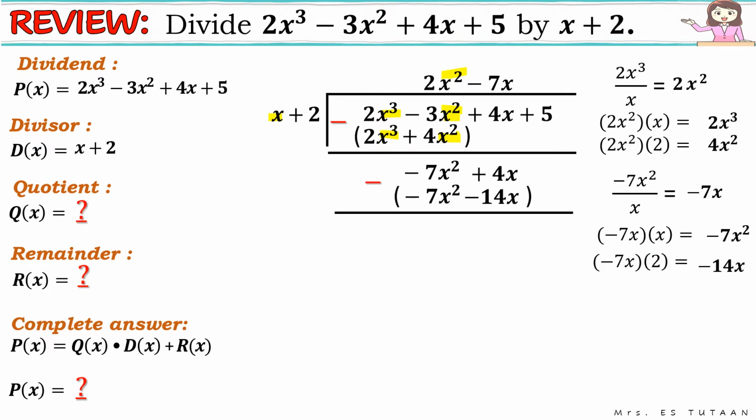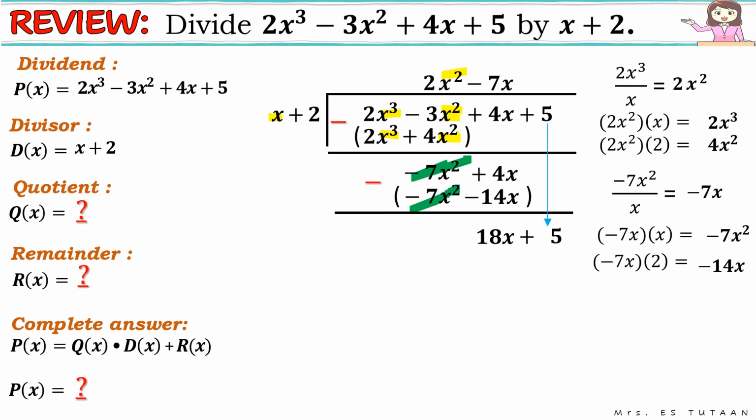And then, we will do subtraction. Again, ito ay 0 na to. No need to write 0. And then we have positive 4x minus negative 14x. That will give us 18x.